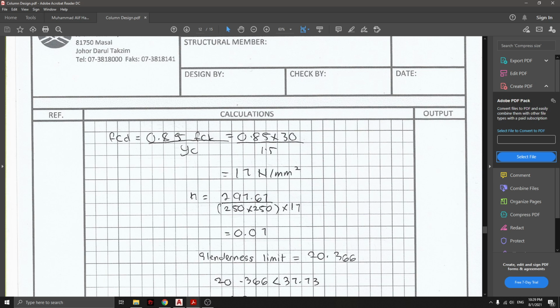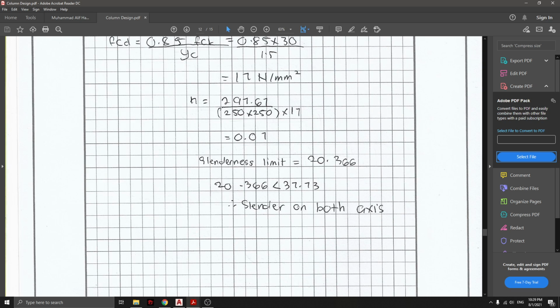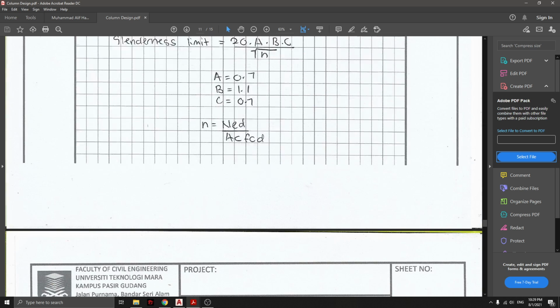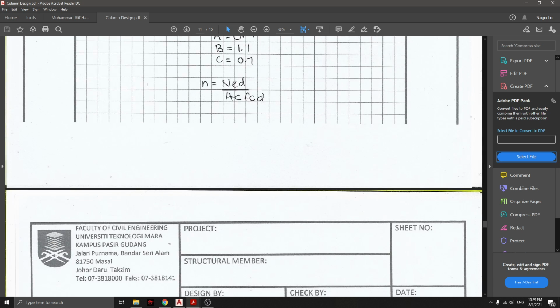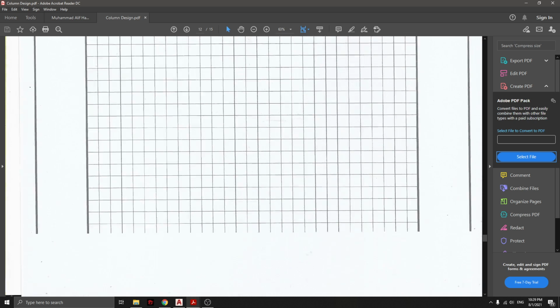And then we got N, we got 0.07, we put into the formula. We got slenderness limit is 20.3366, so slenderness limit is lesser than slenderness ratio. So we got slender on both axis.